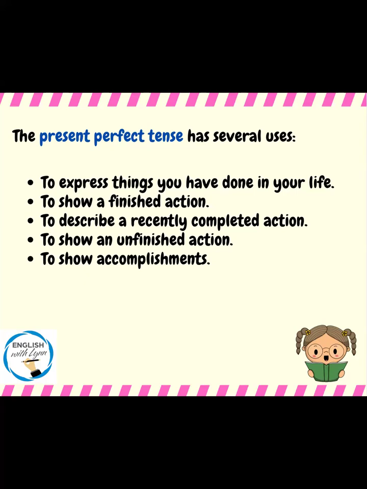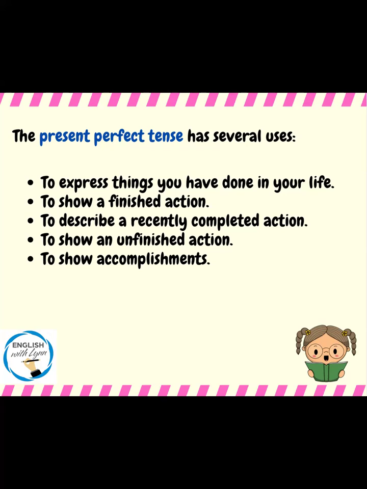You are also using it to show actions that have been finished or that have been recently completed. You may also use it to show an unfinished action. And finally, you are using it to show accomplishments, so things that have been achieved. And this could be on a personal level, or it could be on a more general level.